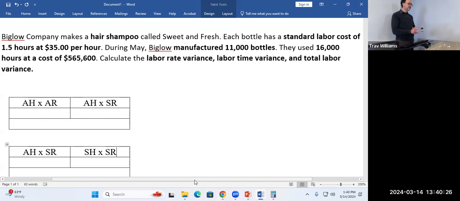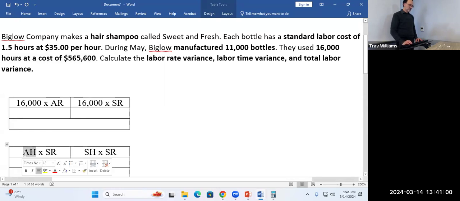All right. So what is our actual hours? 16,000, correct. Right, it says they used 16,000 hours. They didn't say actual, sometimes they do, but we can assume if that's what they use, those are actual hours. So we will replace actual hours with 16,000. All right.